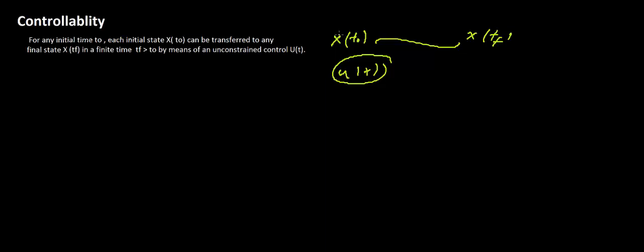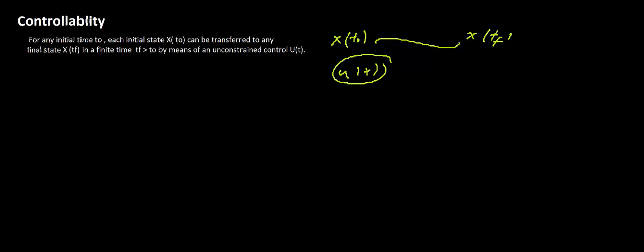If we have authority over all states, and can change all states from one time step to another to some value, we can say this system is completely controllable.